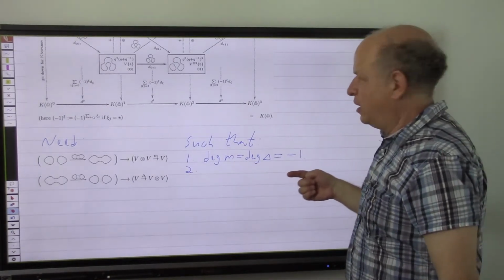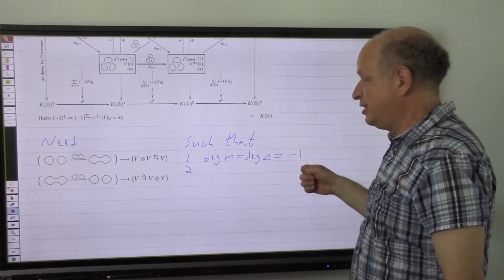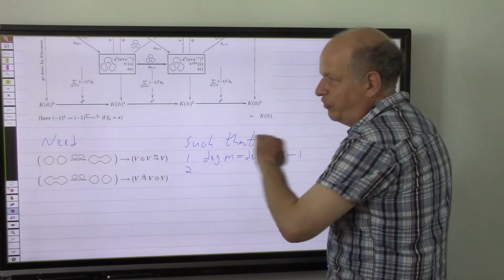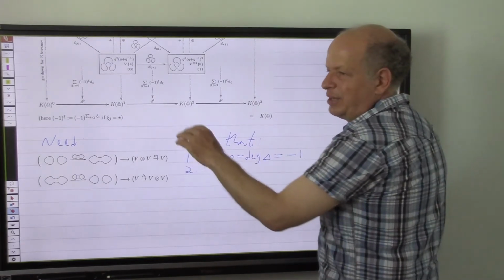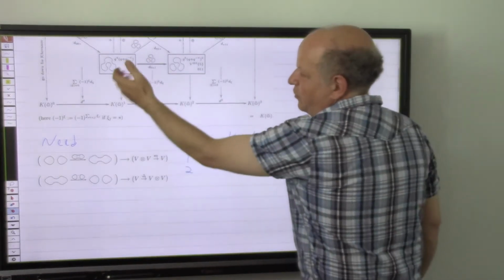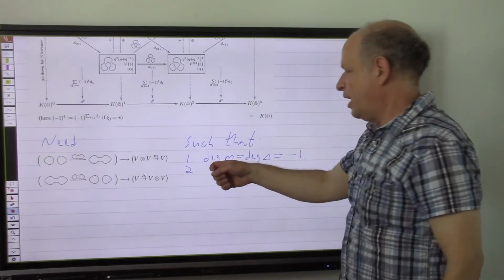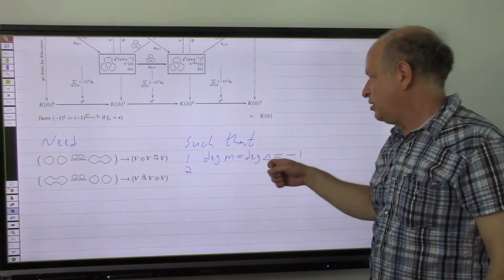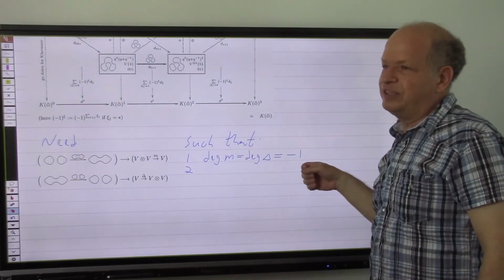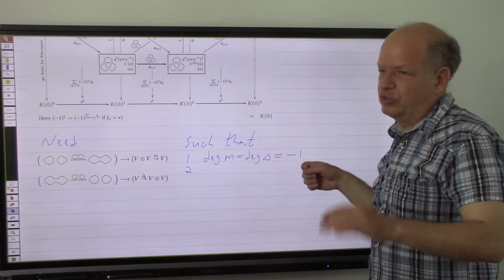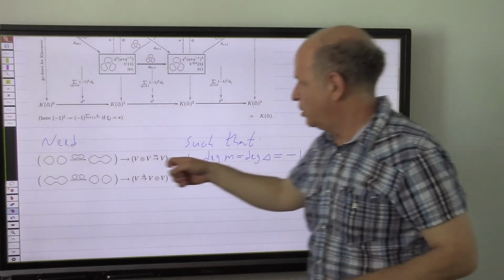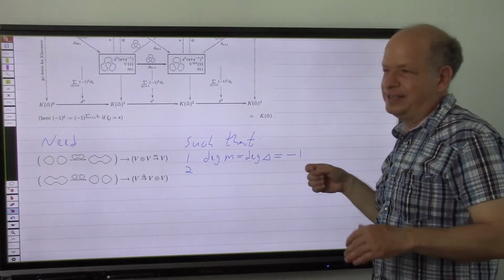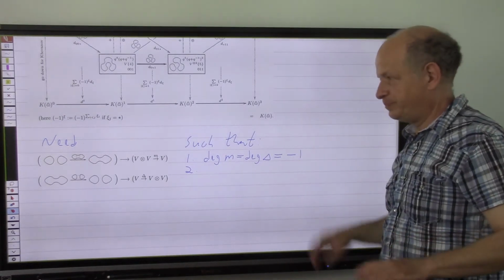The first condition we already discussed: we want the differential to be of degree 0, and because there are degree shifts in the vector spaces, we decided that we need the degree of M and the degree of delta to be -1. So they need to subtract 1 from the degree. Whatever the degree of the input is, the degree of the output should be 1 less.